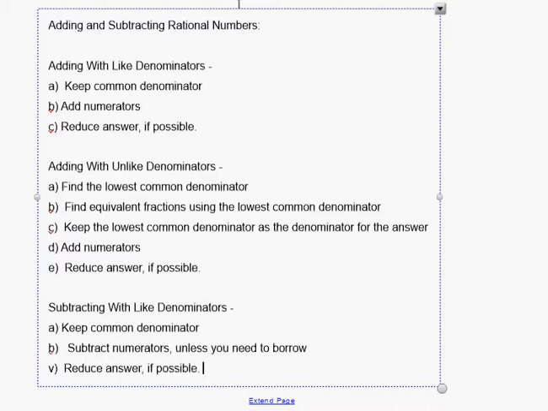Now, what if you need to borrow? Let's take a look at an example of where you need to borrow.